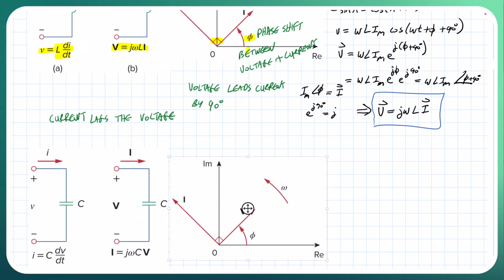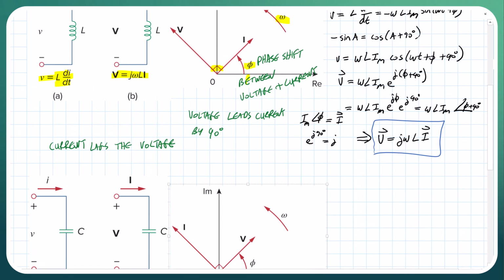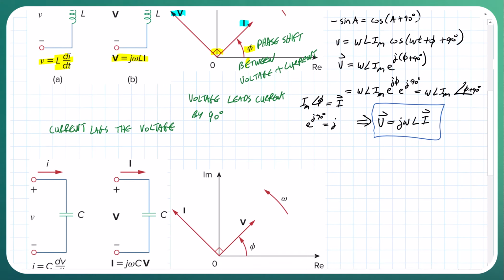Okay, so we have the capacitor as well, and here we'll see that capacitors have the opposite phase relationship as compared to the inductor. For the inductor, we had V leads the current, as opposed to the capacitor, where the current is going to lead the voltage. So let's make a note of this before we start.